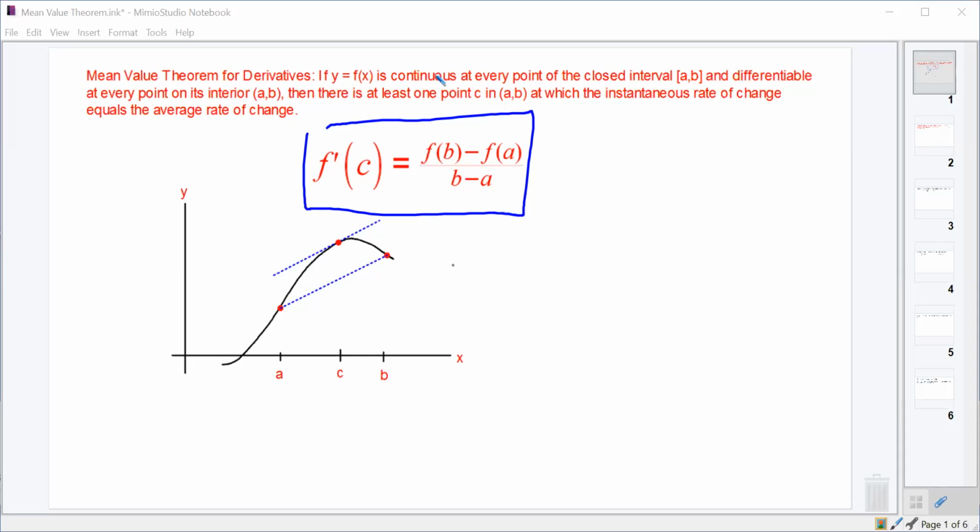So using this they can say, well, if you entered and exited this 5-mile stretch, and let's say it only took you 3 minutes to make it through that 5-mile stretch, the mean value theorem will tell you that at some point in there you were breaking the speed limit, and then they'll just write you a ticket for it and send it to your mail. So fun things like that.